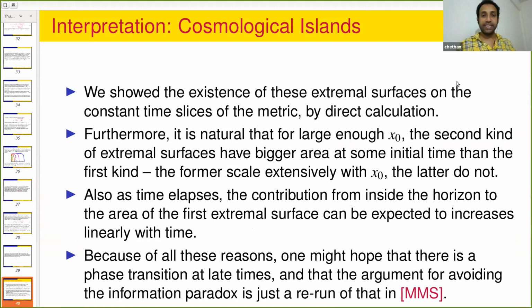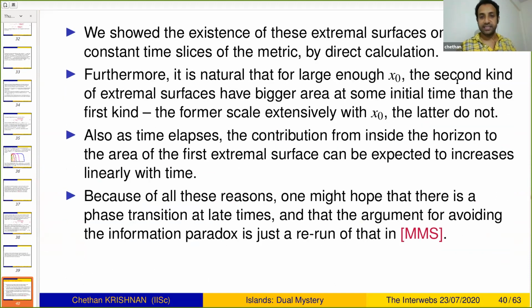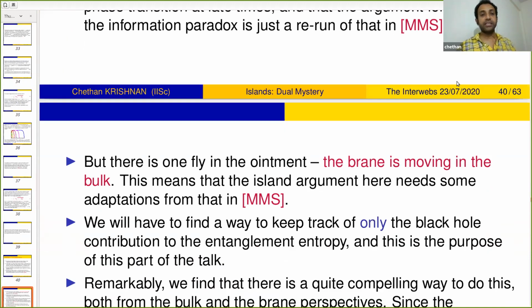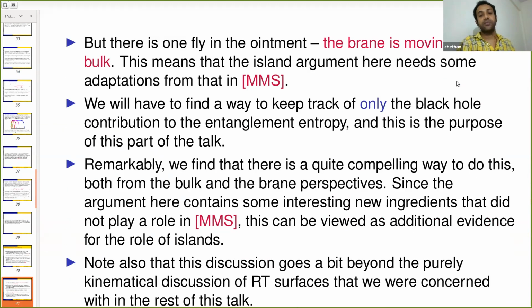Coming back to this, what we showed is basically the same thing that I just said, except the key point now is that the brane is moving, and because of that, what you have on the brane is a cosmology. Because the brane is moving, these extremal surfaces are constantly there.